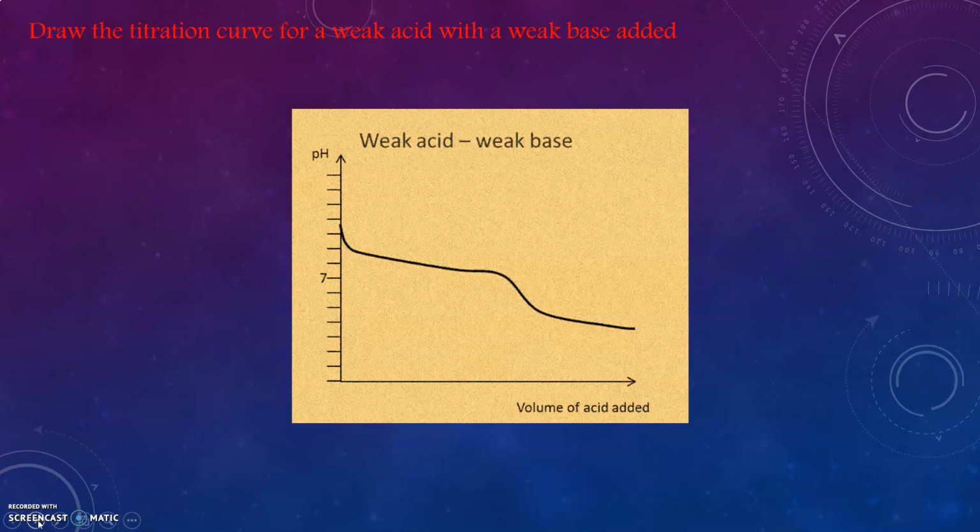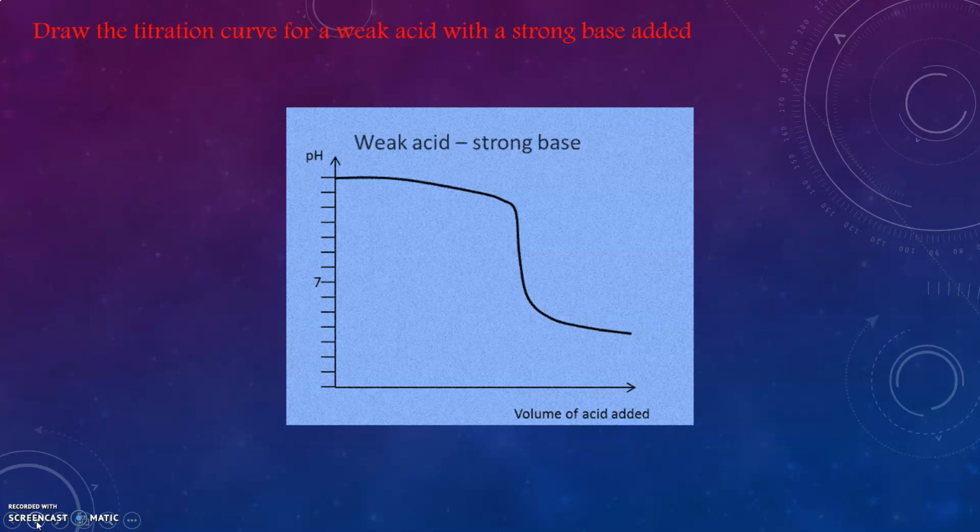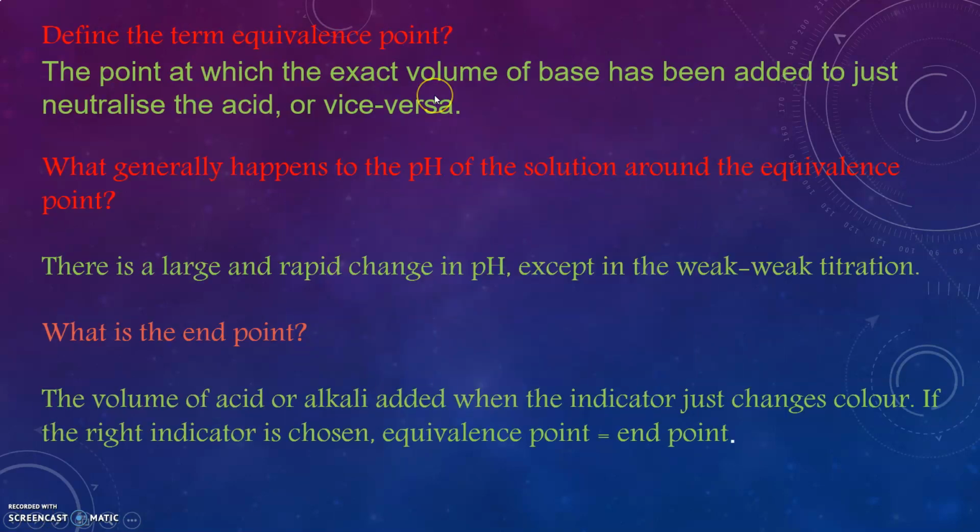This one is going up above 7. This means that it's a strong base and a weak acid. And same here. If it's between a weak acid and a strong base, of course, it's also more than 7. And we said we cannot determine exactly the equivalent point between a weak acid and a weak base.